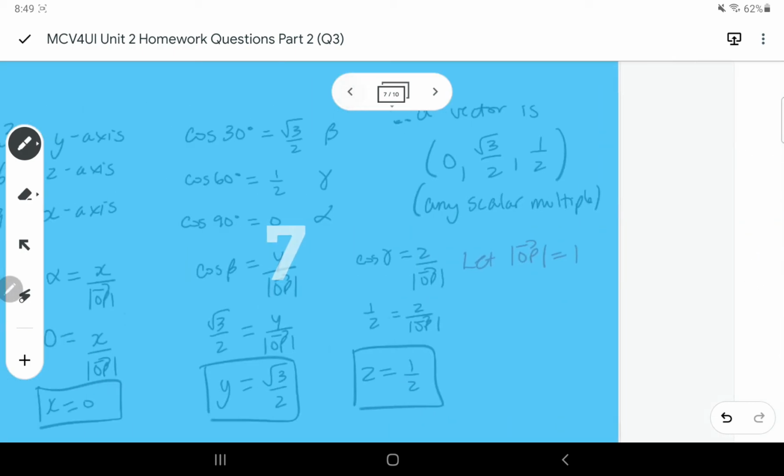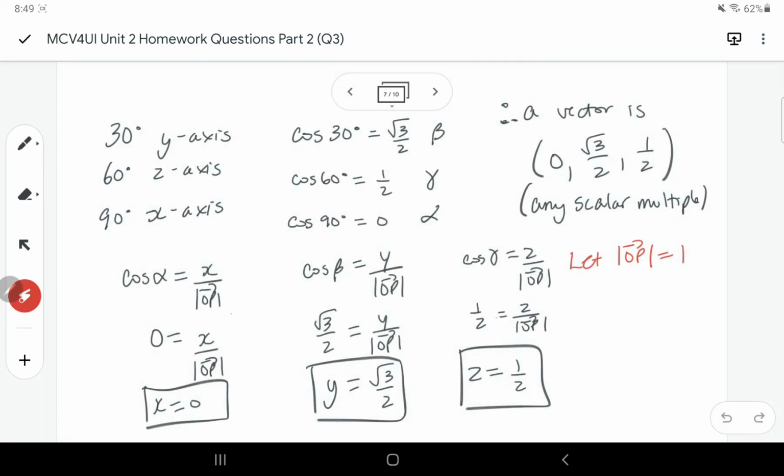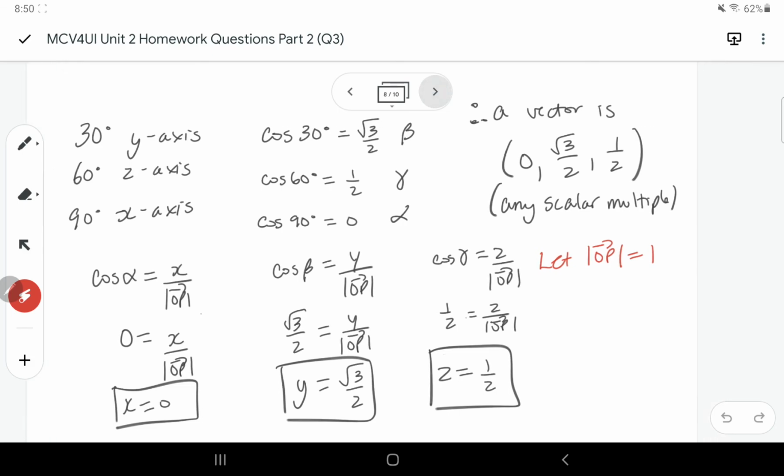Just like in this past example, this vector is on the YZ plane because our x component is 0, so we get a 90 degree with the x-axis, and the other 2 would add up to 90 as well. So 90 and 90 is 180.